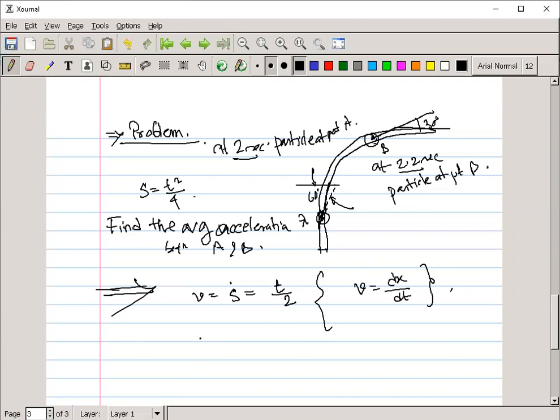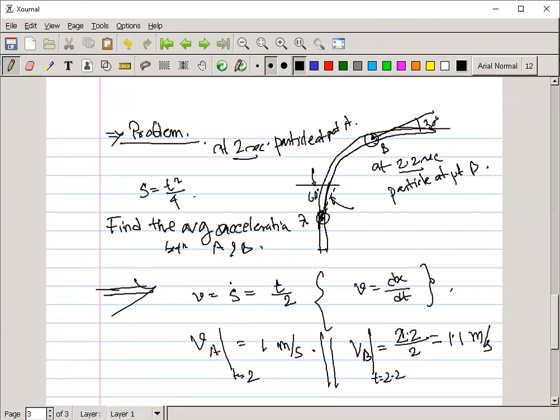So VA is 2 by 2, which is 1 meter per second, at A, that is, at time t = 2. Now VB, at time t = 2.2, is 2.2 by 2, which is 1.1 meter per second.